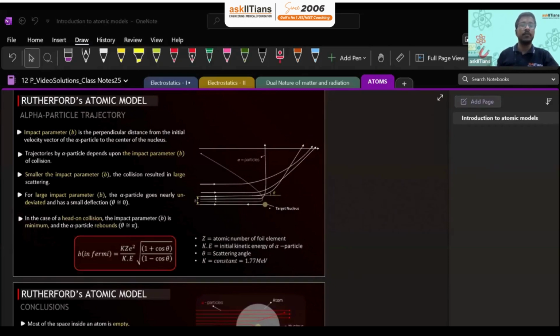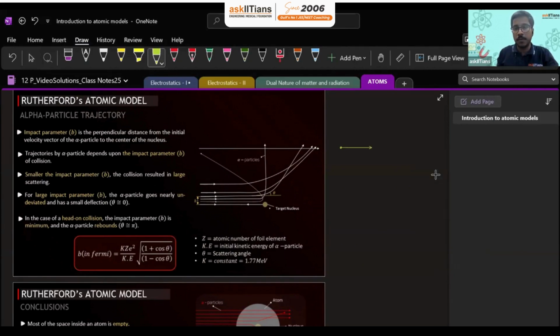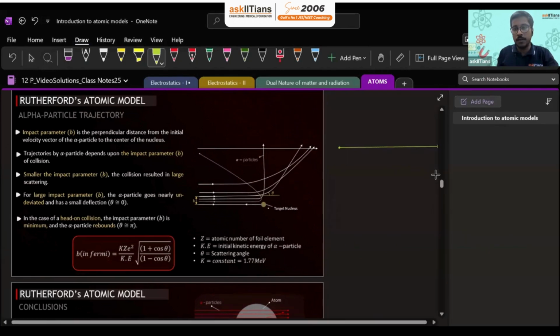So as you can see here, we were discussing impact parameter, right? For example, an alpha particle is going along this path, like this.